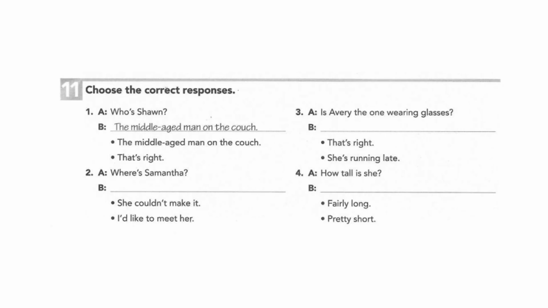Vamos a decir, ella no pudo venir. Pero en el caso del hospital sería, no la pudimos salvar. She couldn't make it. ¿Sí? Entonces, la traducción siempre tiene que hacer sentido en el idioma al que se está traduciendo. Esa es la clave. Y por eso es a veces complicado.